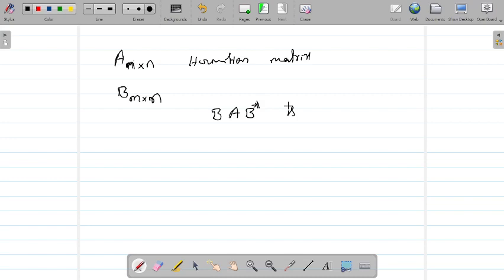Now how about skew-Hermitian? And one more thing you can observe about this Hermitian matrix A: since it is complex, you can write it as M plus iN.